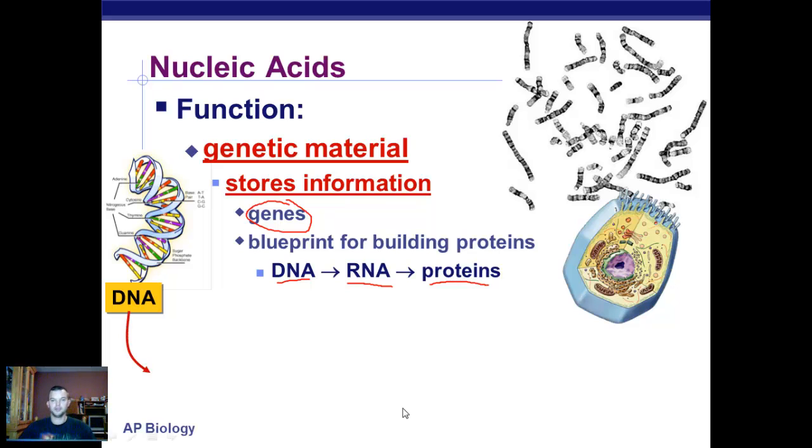Just like the analogy I always use, you think of a cookbook. In a cookbook you have hundreds, in some cases thousands, of recipes all in there. Each individual recipe is similar to the gene within the recipe book that we're going to call the DNA, or chromosome in this case. So you can see the instructions here in the DNA molecule are used to help program the creation of a protein molecule.